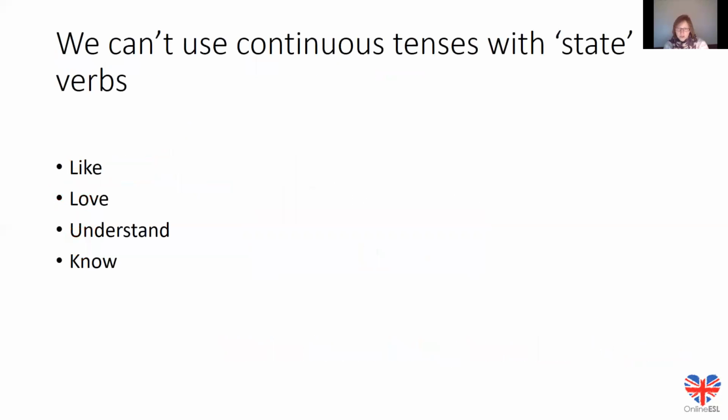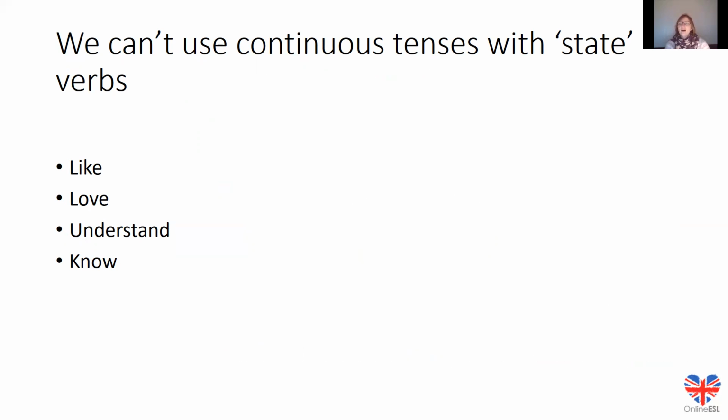So we have some exceptions. We cannot use the continuous forms with state verbs. Anything that talks about how you are inside. So you can't say, I have been liking you for years. You could say, I have liked you for years. It's time up till now. I've been loving you for years.